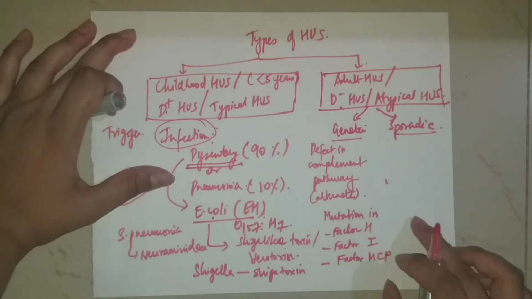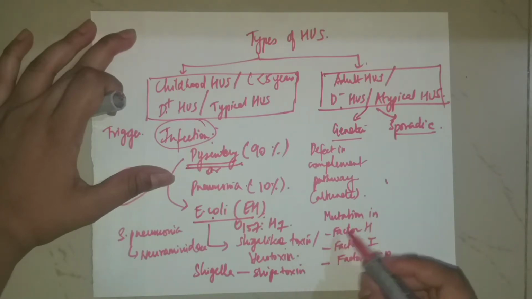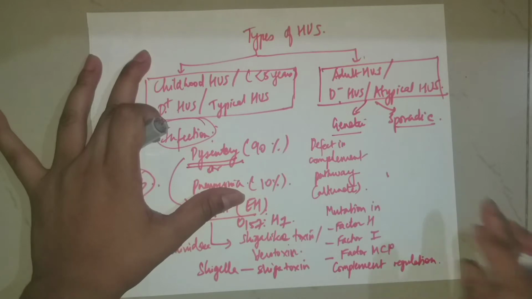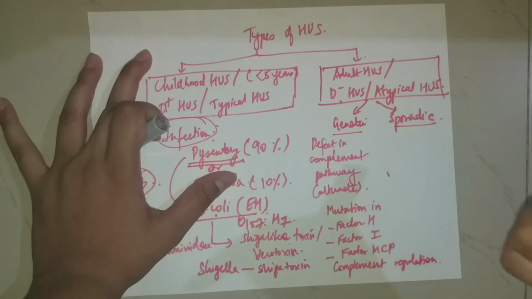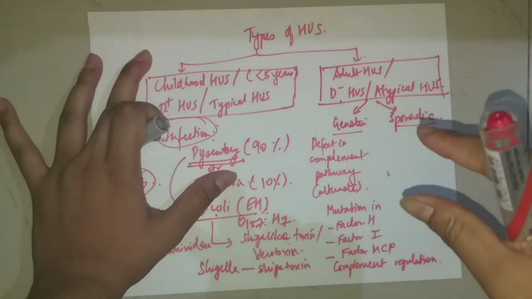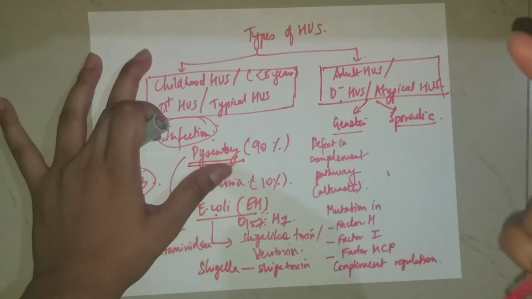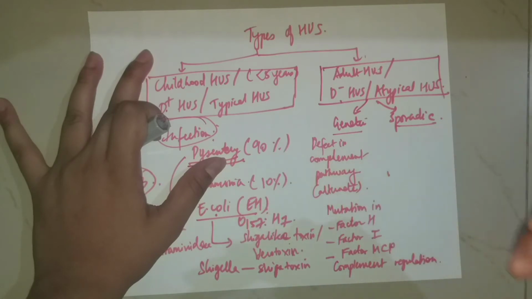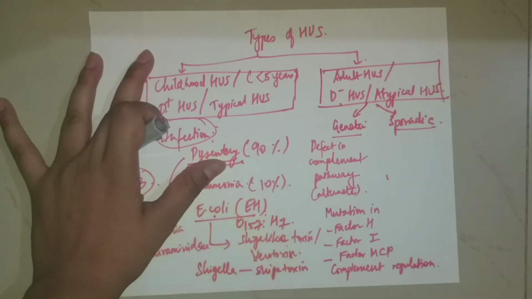So all these three, if you notice, are complement factors which are involved in complement regulation. So all the complement components ranging from C1 to C9, everything which is involved in the complement pathway, these three factors mainly are involved in regulation of this complement pathway, meaning they prevent it from getting overactivated.